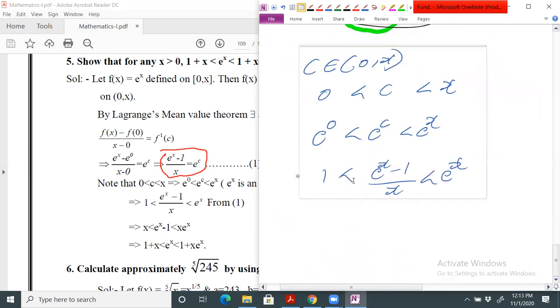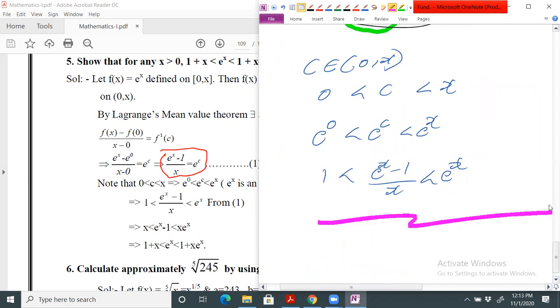That one only we proved, hence proved. Those are the special cases of Lagrange's mean value theorem. Refer to the textbook, you will have more examples on this, so you can get some idea.